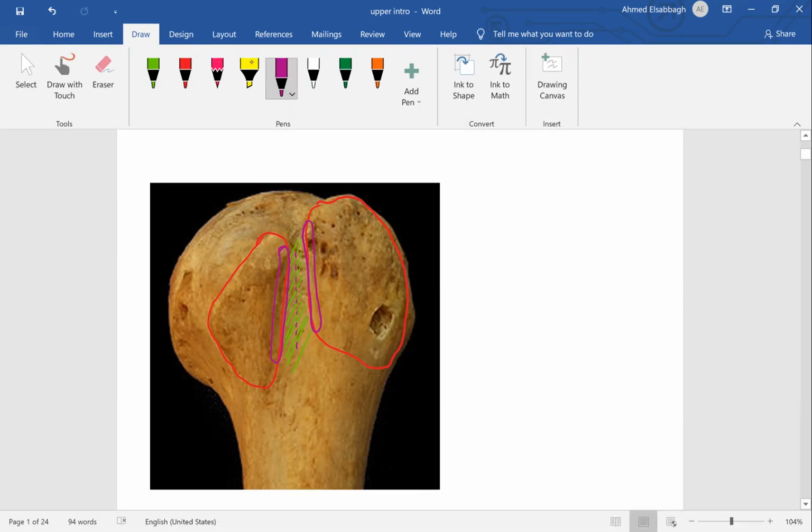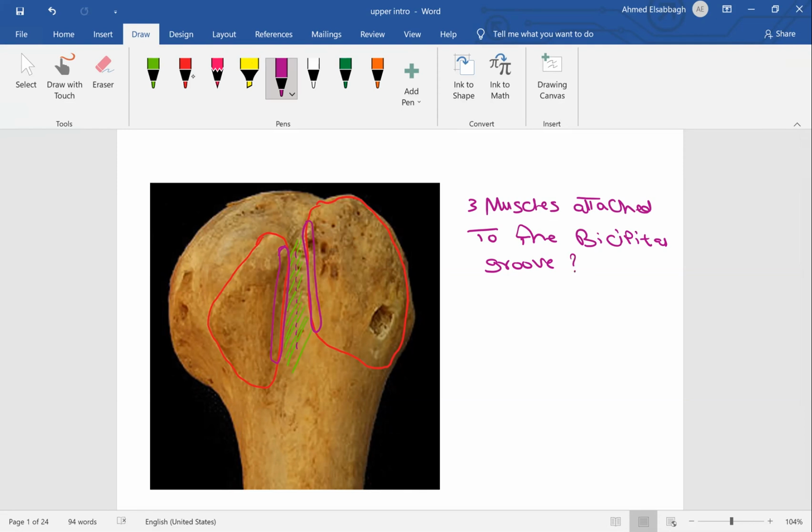We have three muscles attached to the bicipital groove. What are these three muscles?